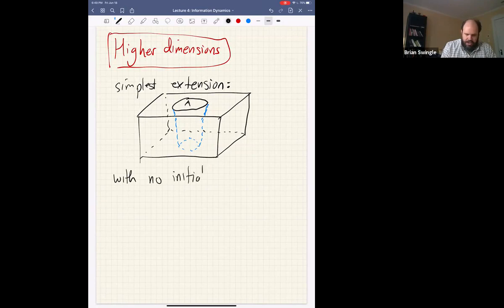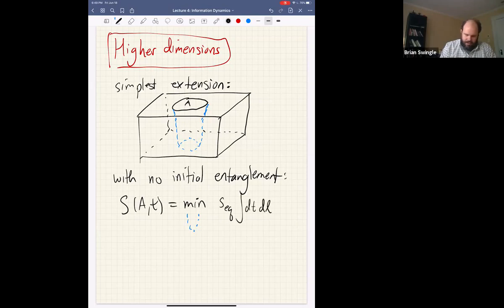And then with no initial entanglement, S of A at t is equal to the min over this blue thing of S equilibrium integral over dt integral over some additional parameter dl epsilon of the velocity, right? So think of l as something like this.